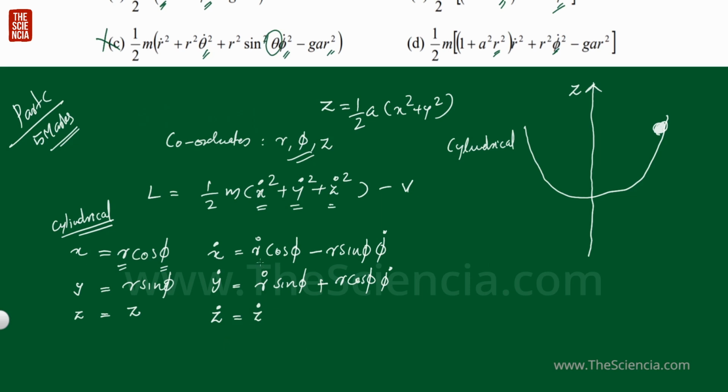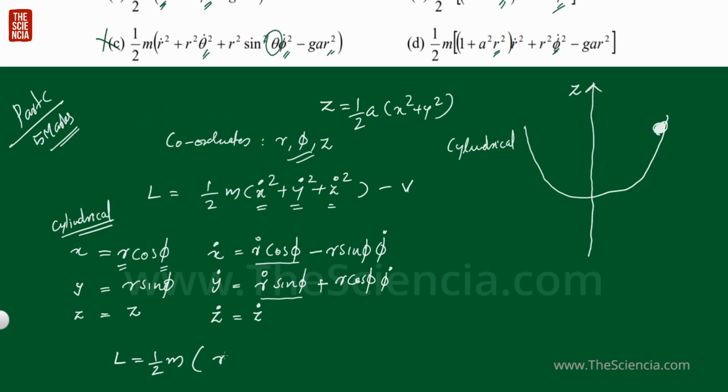So what do we get? Here L equal to half m (x dot square plus y dot square), taking the first two terms. So we get r dot square into (cos square phi plus sin square phi), and we know cos square phi plus sin square phi equal to 1.